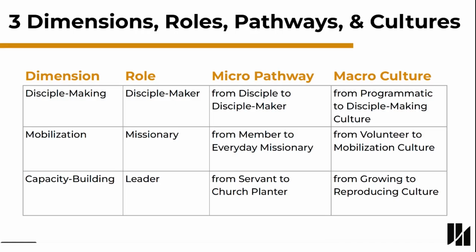And then the consequence of that programmatic growth engine that we have is that volunteerism ends up overtaking this idea of creating a mobilization culture where we help mobilize everyday missionaries into the cracks and crevices of society. So we've also got to work on our macro culture, moving from volunteer to mobilization culture.